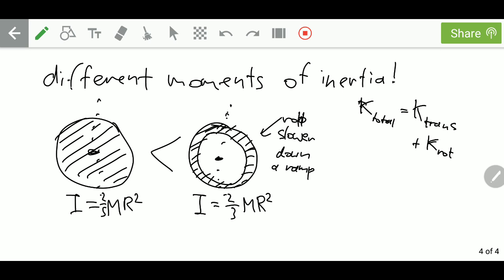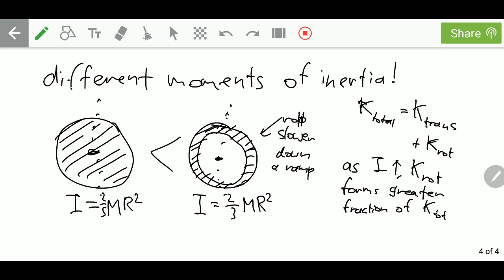And basically, as the moment of inertia increases, the rotational energy forms a greater and greater fraction of the total kinetic energy for rolling without slipping.